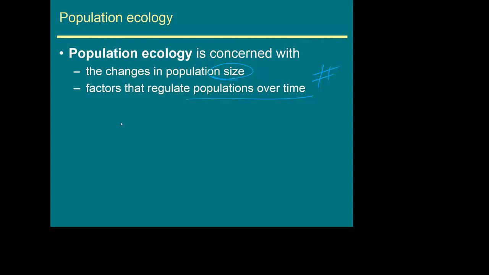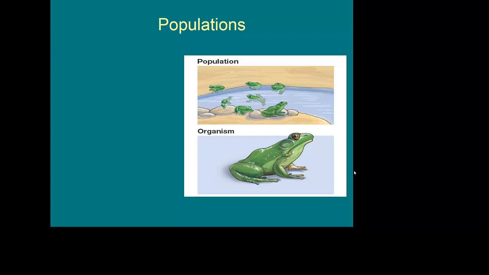So we want to see if populations increase through birth, immigration, or population movements, and so on, and if they decrease, so through death or emigration, individuals leaving an area.